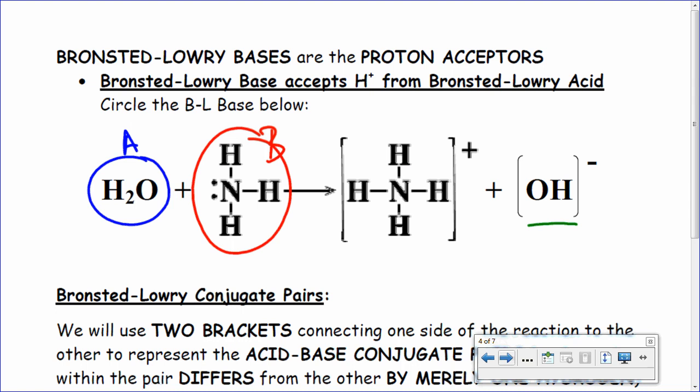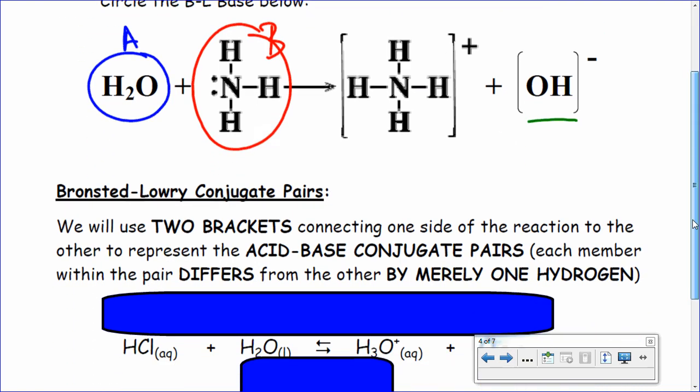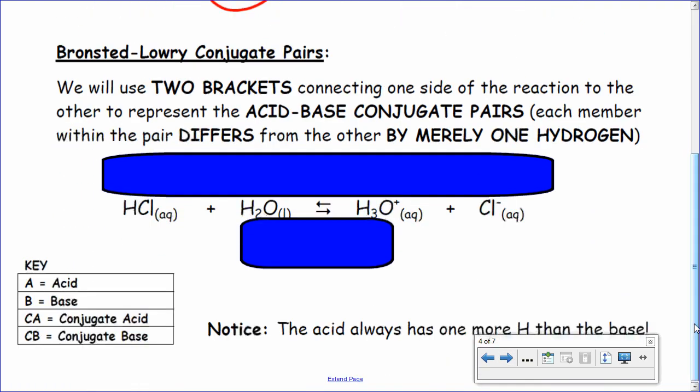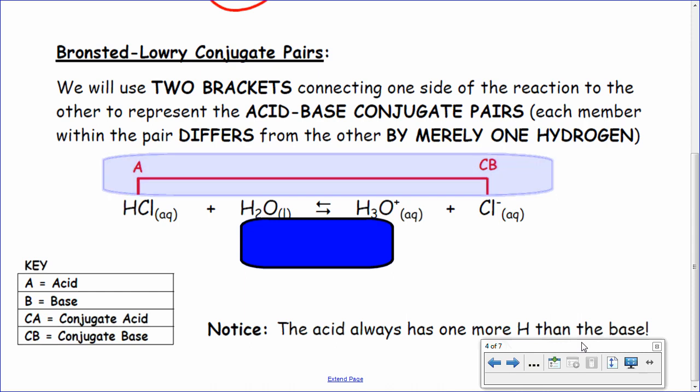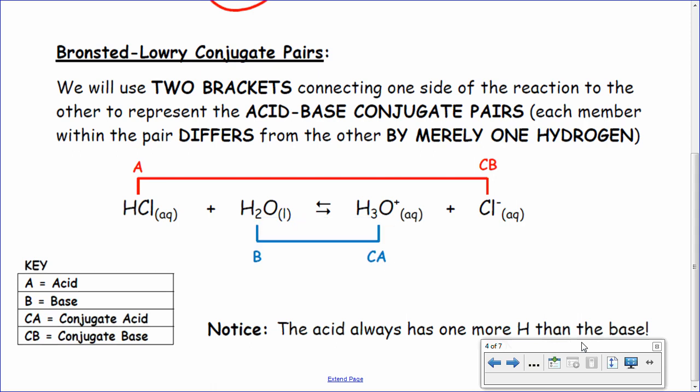Bronsted-Lowry conjugate pairs. This stuff is a little bit over our heads sometimes in Regents. I haven't seen conjugate pairs asked in quite some time, but basically, a Bronsted-Lowry conjugate pair is the acid and the base that it produces, or the base and the conjugate acid. This is the Bronsted-Lowry acid because it is a proton donor.